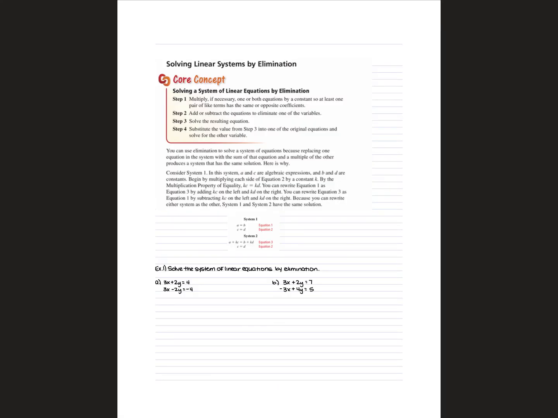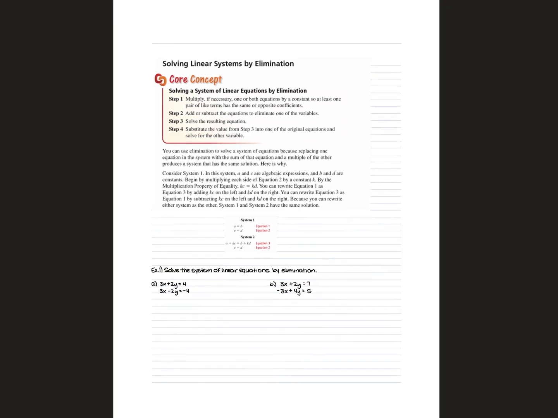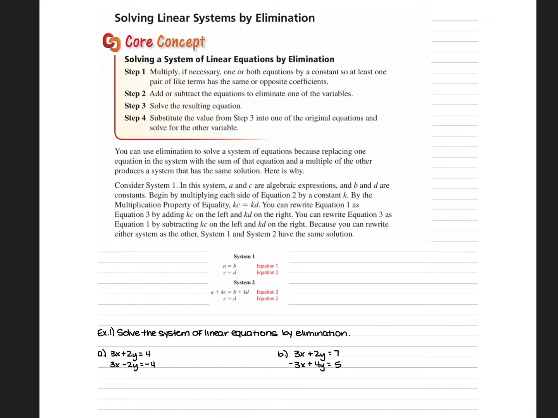All right, next we're going to learn a new method. So we're going to be solving systems by elimination. When solving systems by elimination, we're combining our like terms together, but we always need the same term. So it has to be a pair of like terms, but they have to have opposite coefficients. So if I have a 3x, that means I need a -3x to combine with it.